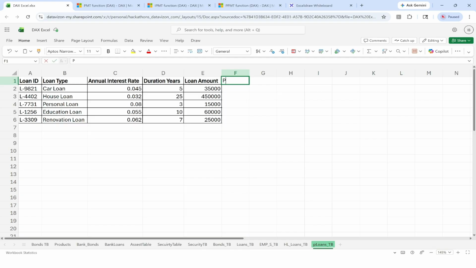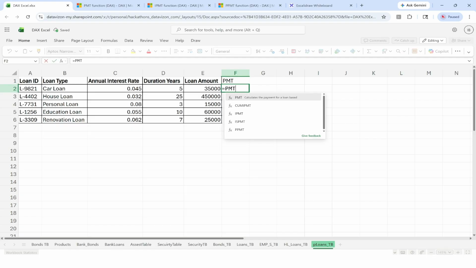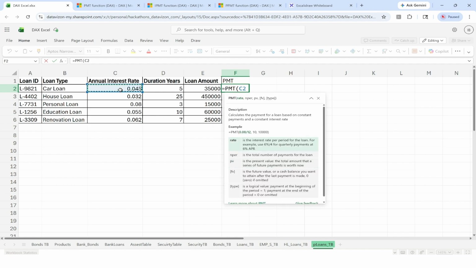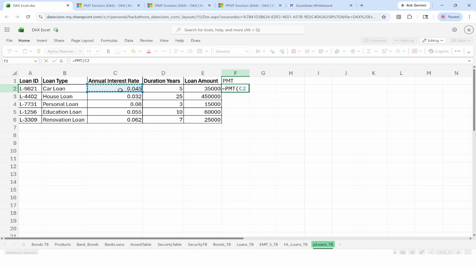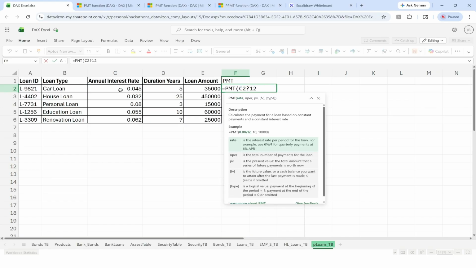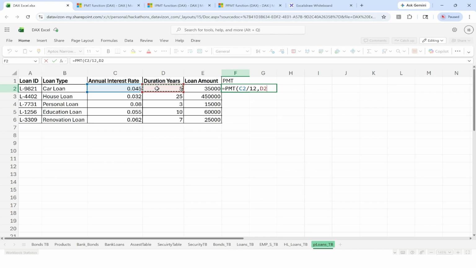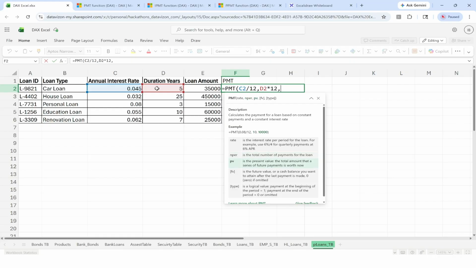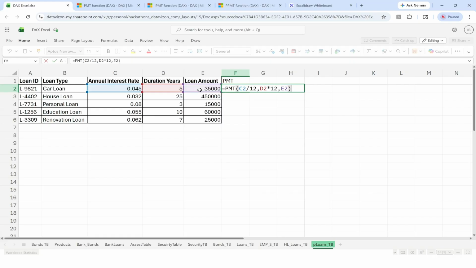Now let's calculate PMT. Let's take PMT, open bracket. So annual interest rate, you need to divide it by 12. Then duration years, we need to convert it to months. You need to multiply with 12. Then loan amount. Let's close the bracket.